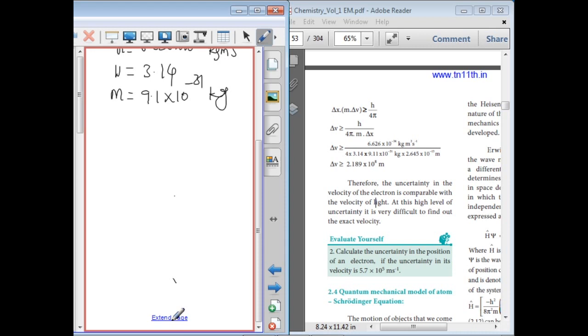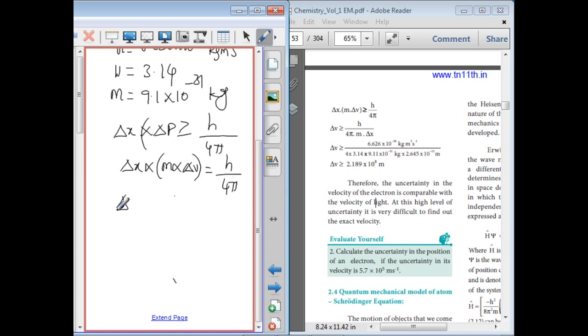The formula: delta x multiplied by delta p is greater than or equal to h by 4 pi. Delta x multiplied by mass into velocity equals h by 4 pi.